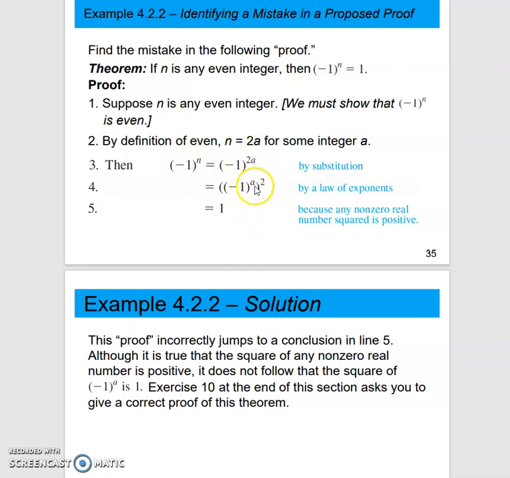I'm going to use a law of exponents there to pull them apart, and then I jump to 1. My real problem here is not until the very end. It's not quite working out here. The main thing I would say is to have the 2 on the inside, because that is what's going to get me there. Because of course (-1) to the second power is +1, and that is going to be the key to this. And we are going to see that later.